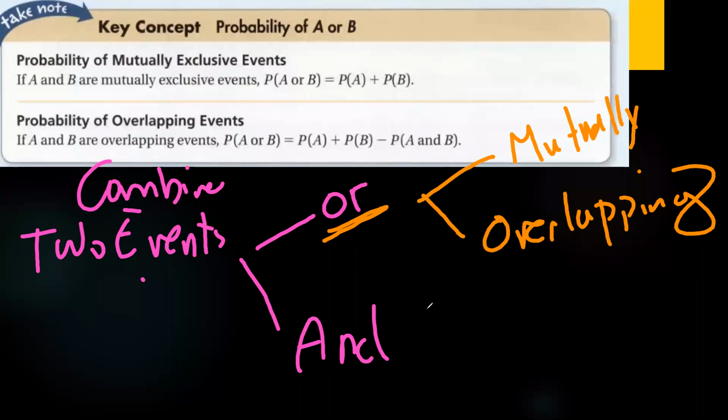For the "and", I can classify them into independent and dependent events.